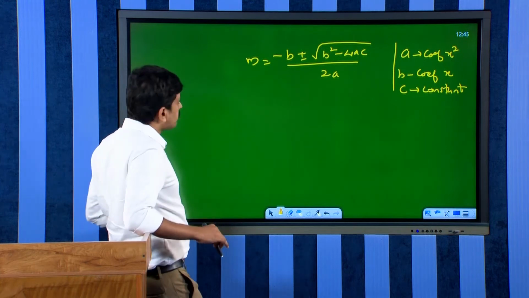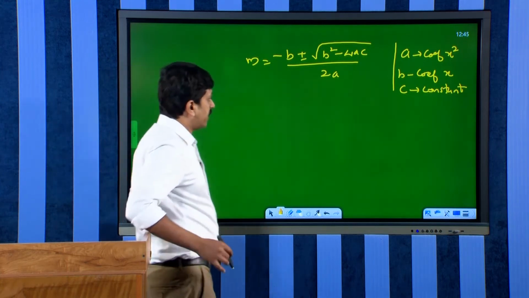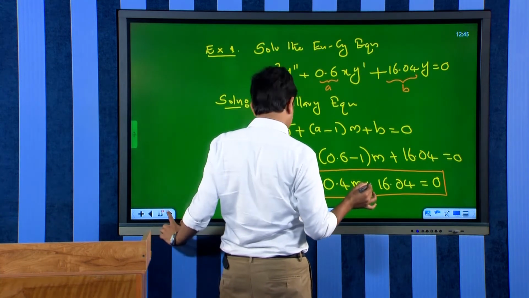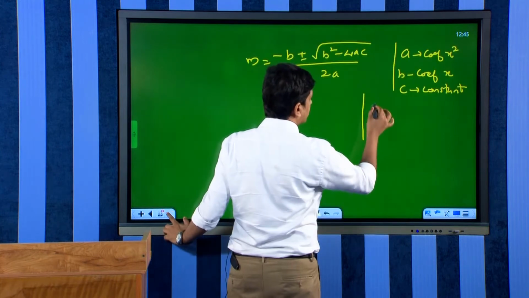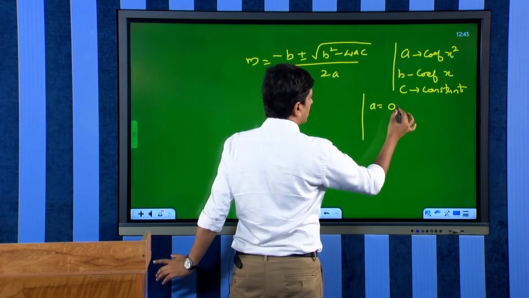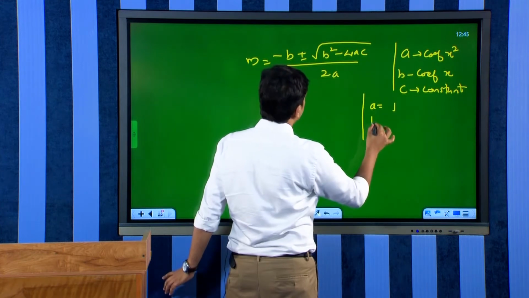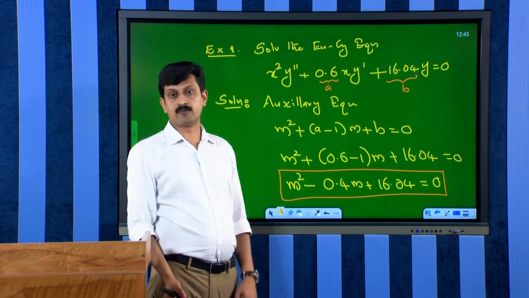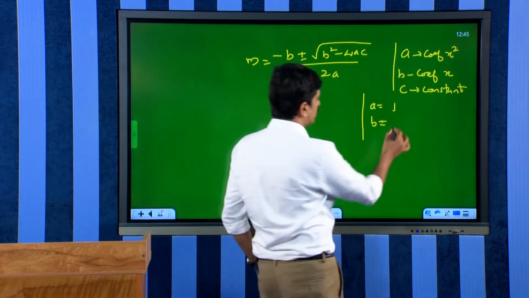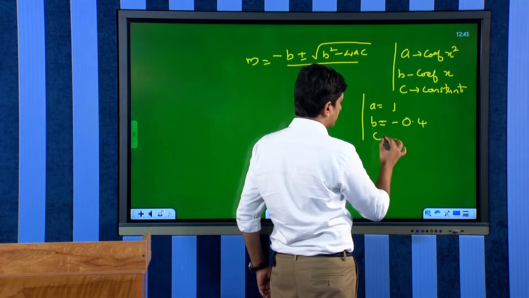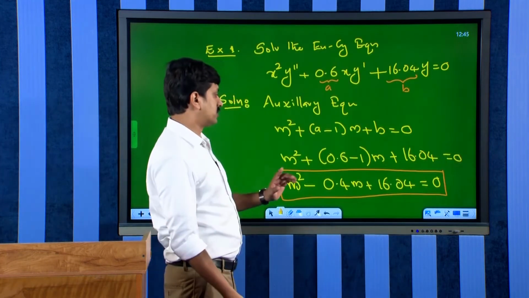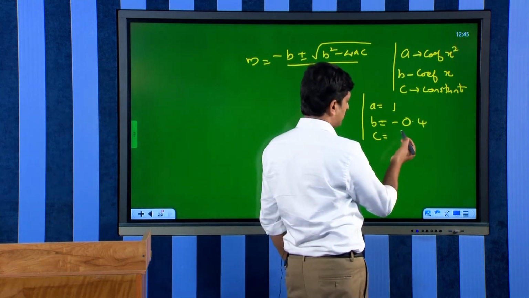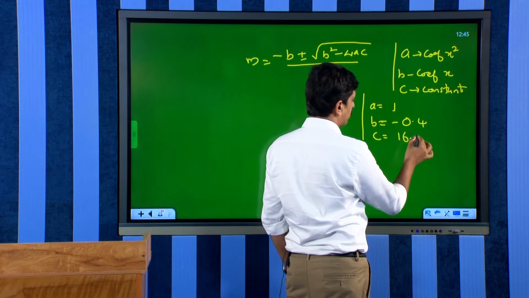For this particular auxiliary equation, a is equal to 1, b is equal to minus 0.4, and c is equal to 16.04.